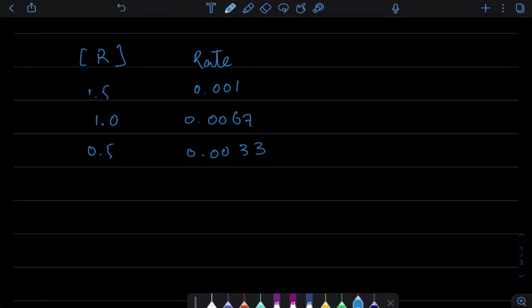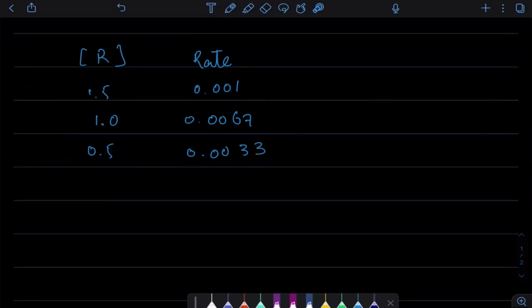Now look at it this way: when I double the concentration from 0.5 to 1, the rate has doubled. In other words, if I reduce the concentration by 1/3, that is, reduce it by 3 times, the rate also reduces by 3 times.